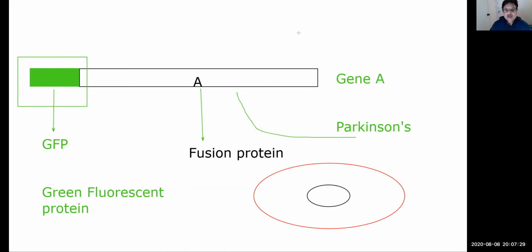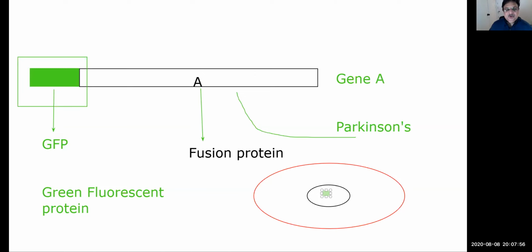Now let's say if the GFP is present in the nucleus, this means that this gene A makes a protein that is a nuclear protein. So this opens a thought process in scientists to look at nuclear function. It could be in cell cycle, it could be in replication, it could be in transcription.